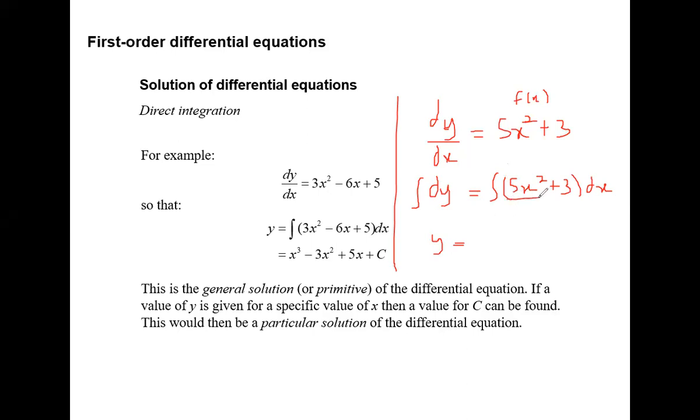When you integrate x squared, you get x cubed over 3. So you add 1 to the exponent and divide through by the result, plus 3x plus a constant, which is C. So that should give us a solution for this differential equation.